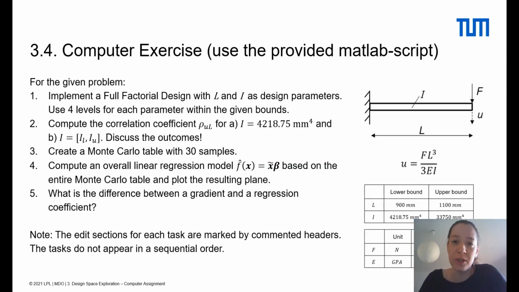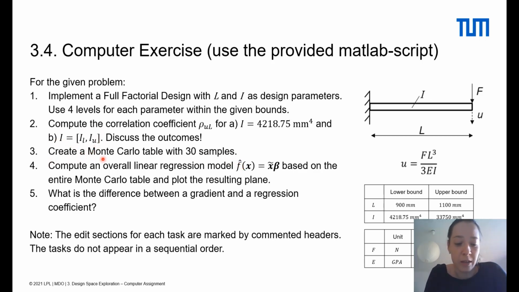Okay, so the computer exercise in this third exercise deals again with the cantilever beam we already know. For the first task we have to implement a full factorial design. Then we have to compute the correlation coefficients, again for a certain value of the inertia, as we did in the previous task, and also including all the inertias between a lower bound and an upper bound.